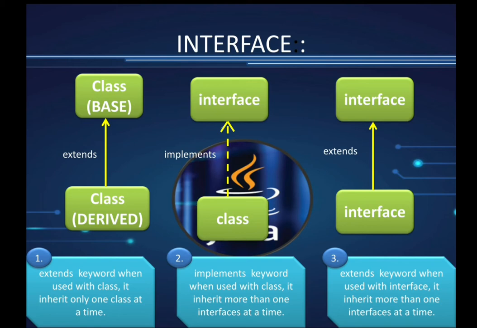The extends keyword has a drawback when we are dealing with a class. The drawback is that the extends keyword only inherits one class at a time. But when we deal with an interface, the extends keyword inherits more than one interface at a time in an interface.